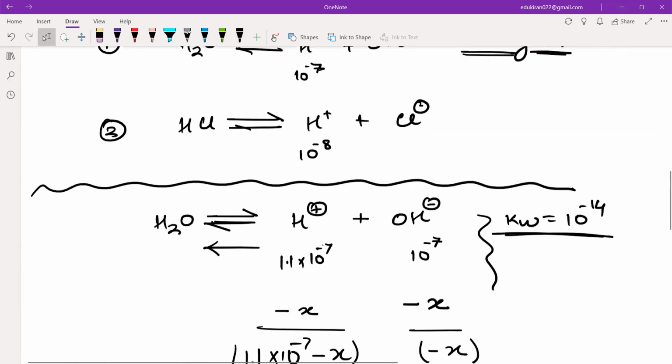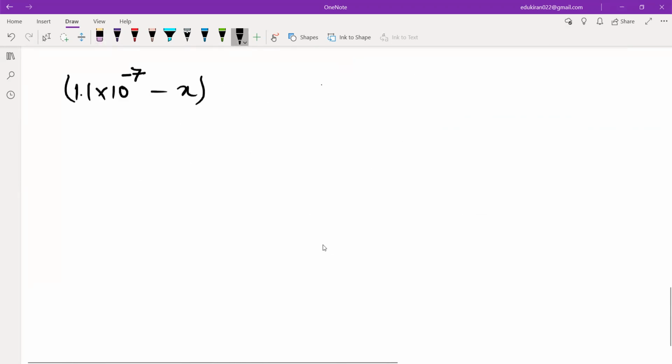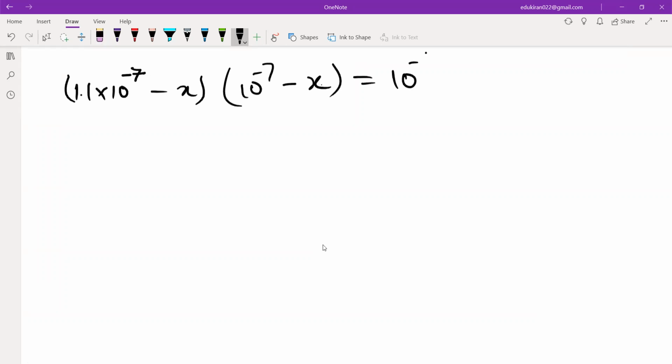Wait a second. This is going to be 10 to the power minus 7 minus x, not x. My bad.